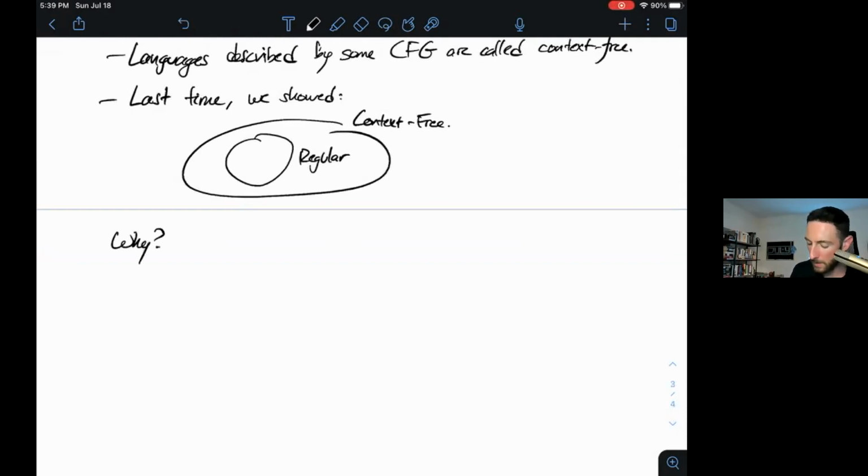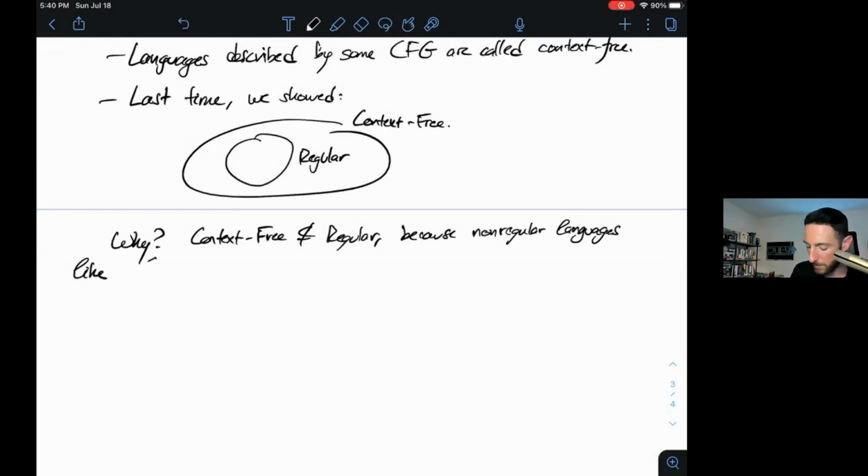And this was because, well, we know the class of context-free languages is not a subset of the regular languages, because non-regular languages like, for example, our favorite non-regular language, 0 to the n, 1 to the n, for some n greater than or equal to 0, are context-free.